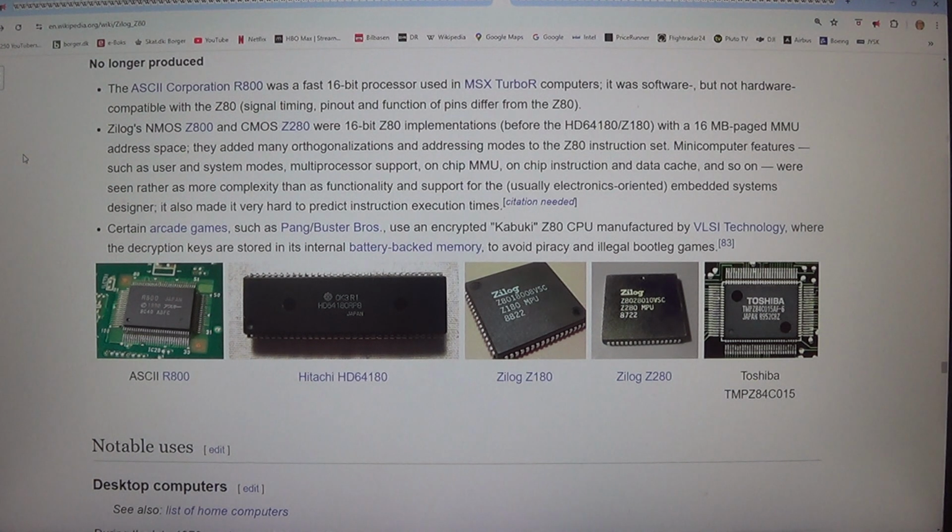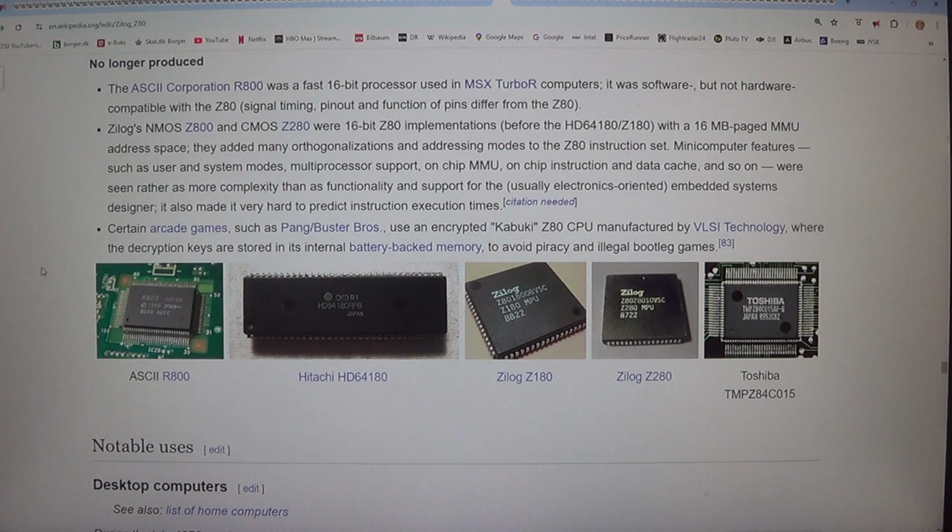2. Zilog's NMOS Z800 and CMOS Z280 were 16-bit Z80 implementations. Like the HD64180/Z180, with a 16 MB paged MMU address space, they added many orthogonalizations and addressing modes to the Z80 instruction set.